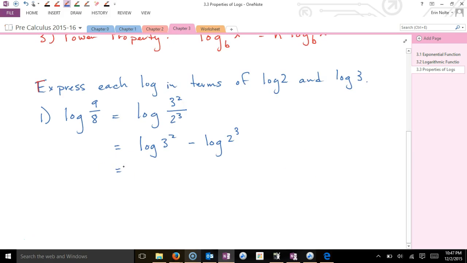Okay. So if I use the power property, yes? Are you going to ask me a question? Wouldn't we use the product property instead to expand that to log 3 plus log 3? Yep.